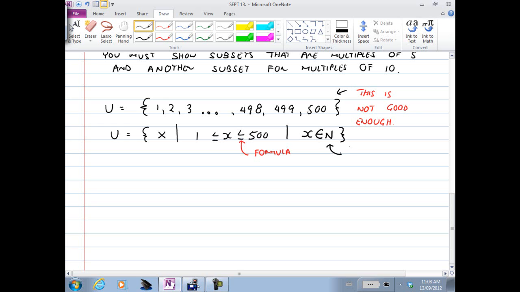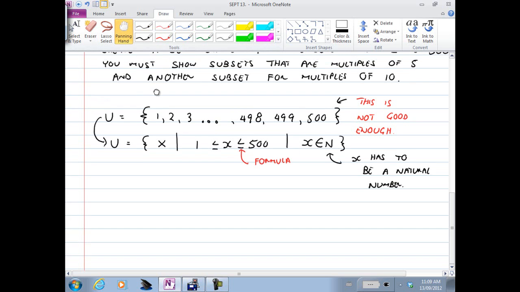This means x has to be a natural number. Only whole numbers. No negatives. Without that, you're going to make mistakes. So look what I did for my equation. I turned this into a formula.